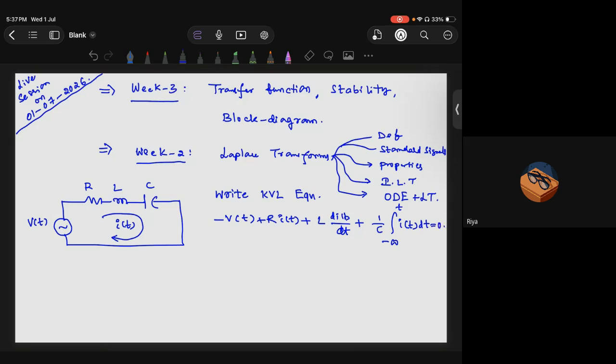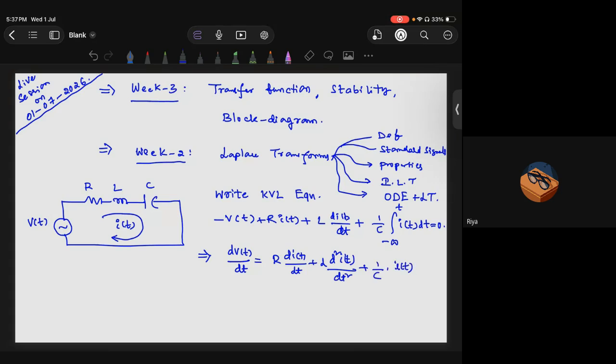If you differentiate the entire equation, we get dv of t by dt equal to R di of t by dt plus L d square I of t by dt square plus 1 by C I of t.